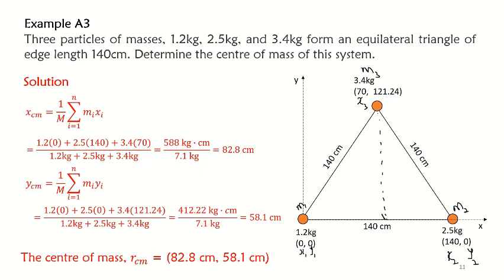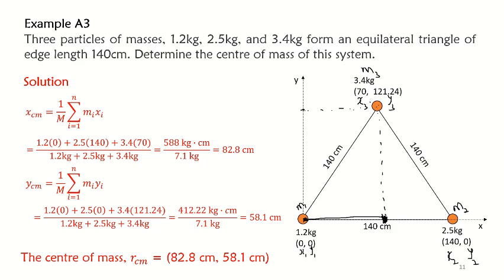So the distance of this point, that black ink I'm shading, to the origin, that's x3 for m3. Likewise, trace the position of m3 to the y-axis, the vertical axis. That position gives you y3.